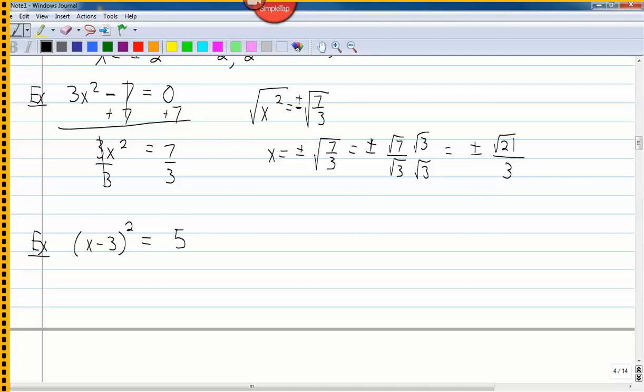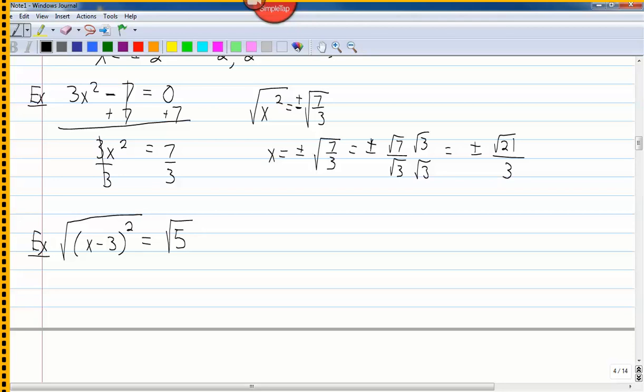Well, the first thing that you have to do to solve the equation, if you want to use the square root property, is to make sure that whatever's being squared is on one side of the equation and the number part, the constant, is on the other side. Now what we want to do is get rid of this square. The way that you do that is you take the square root of both sides.